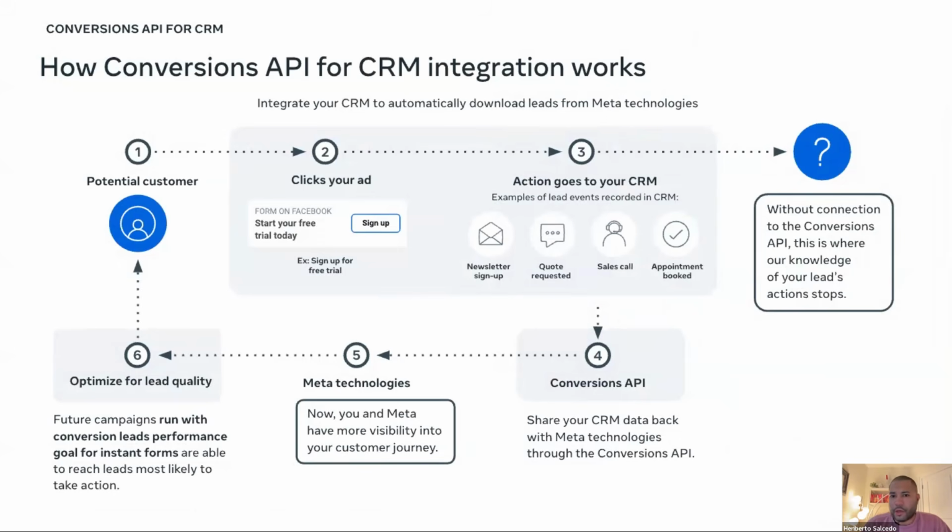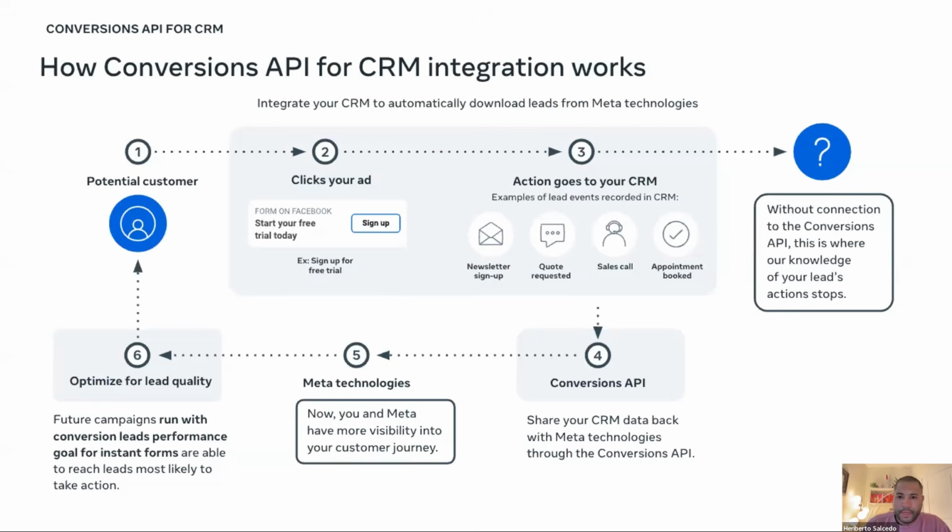Without connecting your CAPI or your CRM to Conversions API, that's where all the visibility from our perspective goes away. We don't really have any knowledge into what happens to that lead after you've run your lead ad campaigns, you're connecting your CRM to Meta and automatically porting that lead directly into your CRM, and then what happens next.